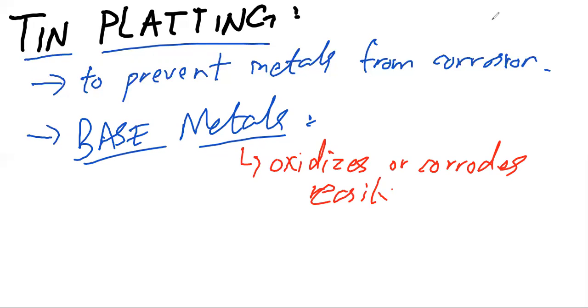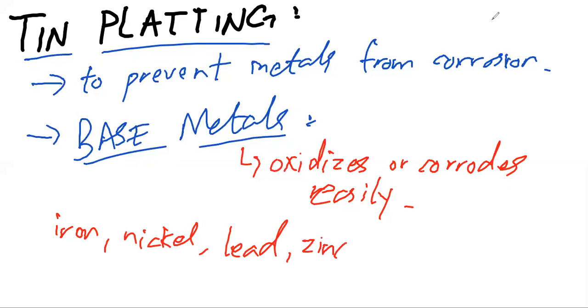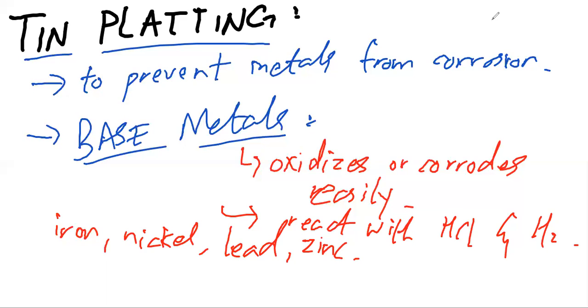Examples of these base metals are iron, nickel, lead, zinc. Copper is also a base metal. Almost all the base metals react with dilute sulfuric acid or HCl to form hydrogen.